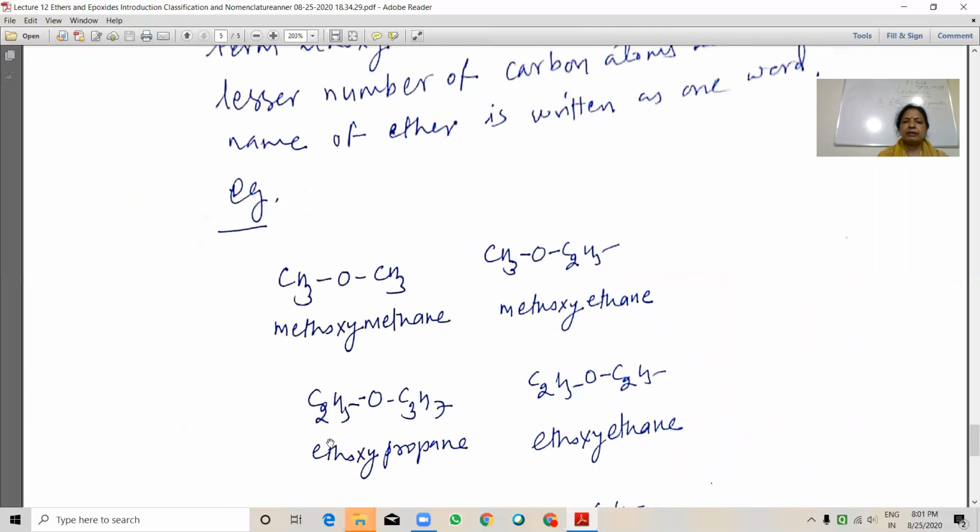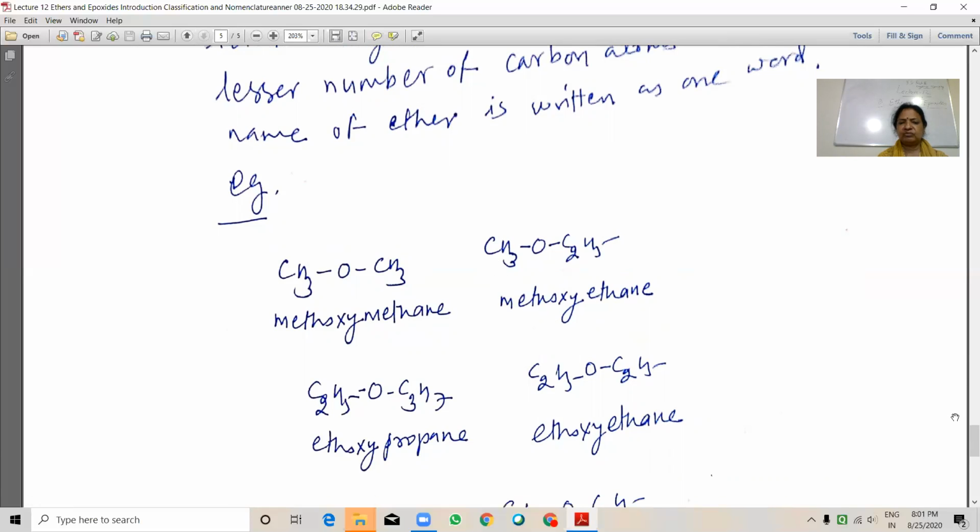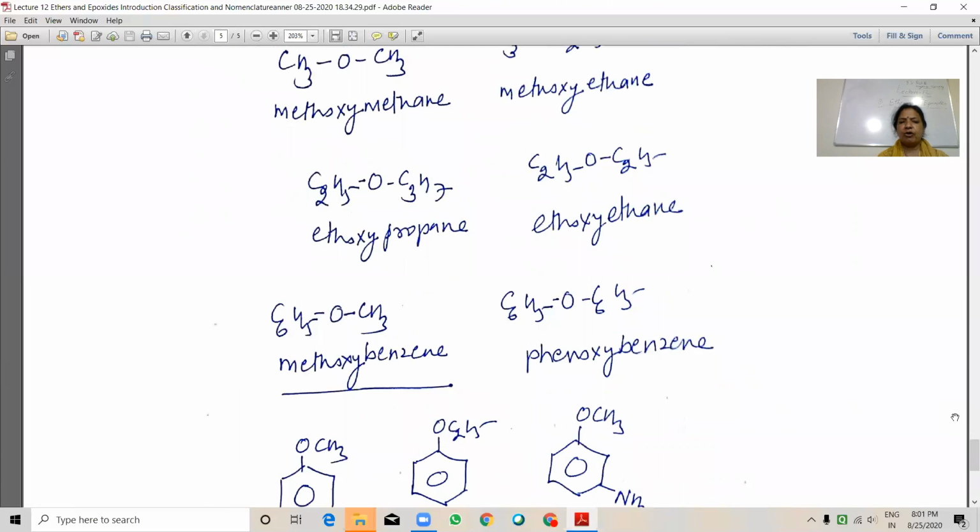See here, methoxymethane, methoxyethane, lower carbon, right? Here, ethoxypropane, ethoxyethane, methoxybenzene, phenoxybenzene.